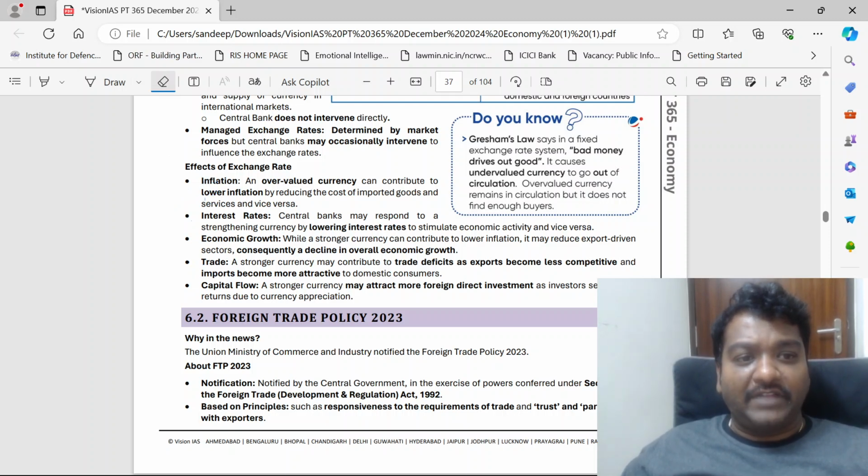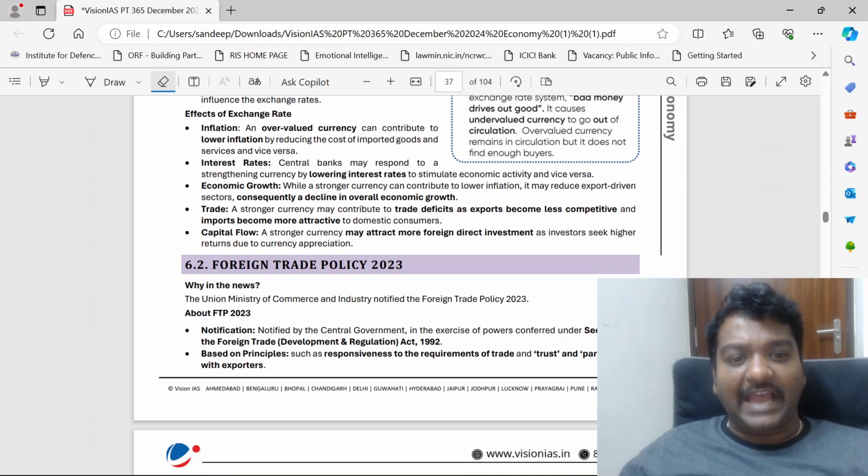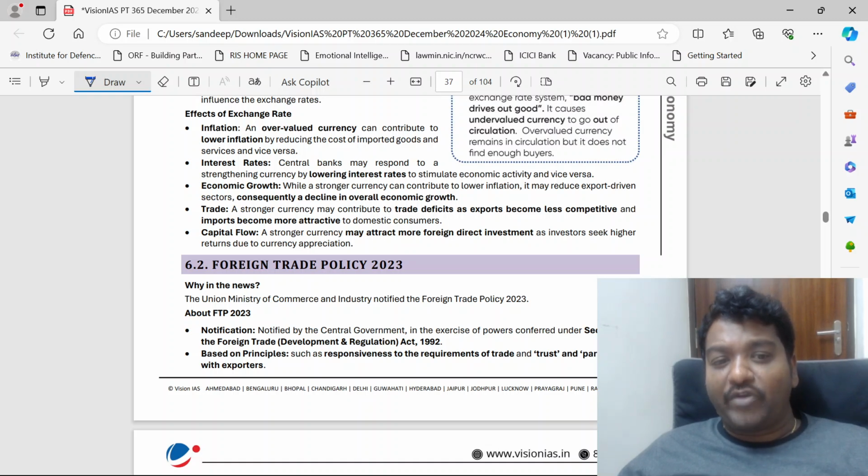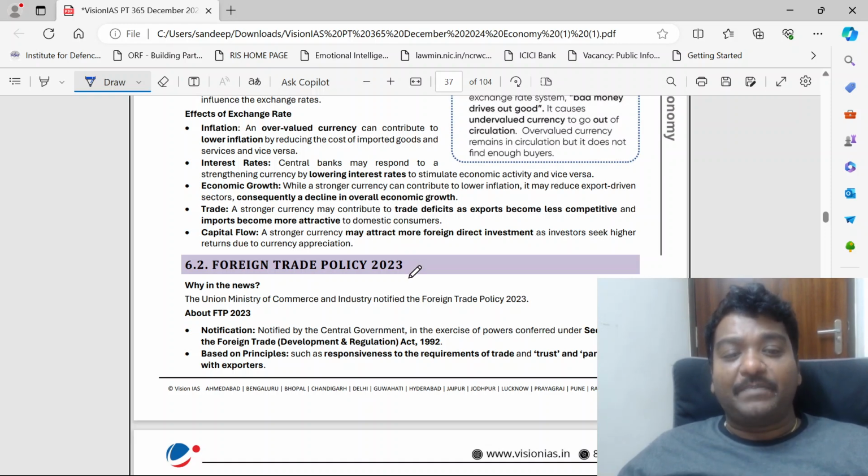Okay. Then, guys, now you see capital flow, guys. Capital flow. A stronger currency may attract more foreign direct investment as investors seek higher returns due to currency appreciation. This is very, very important. What is it?